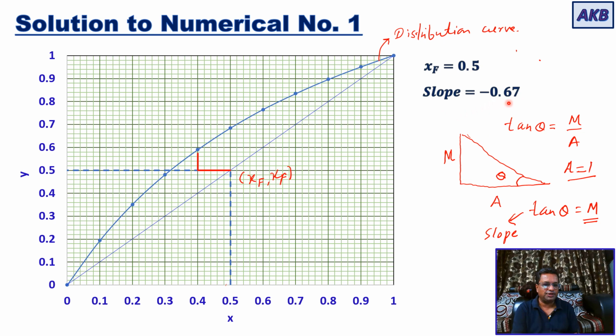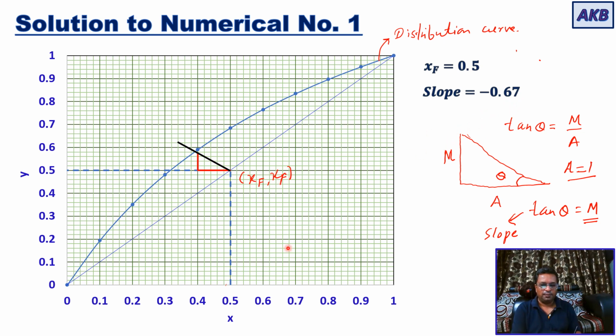The slope is minus 0.67. That's why we are doing it on the left side of this point. So I get this point. So I have this point, I have this point. You simply join those 2 points and get the line of desired slope. So in this case the black line, which is the operating line, has a slope of minus 0.67.